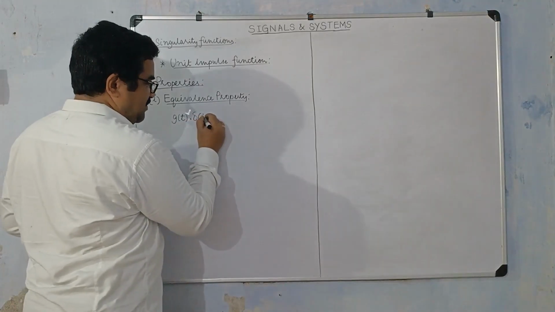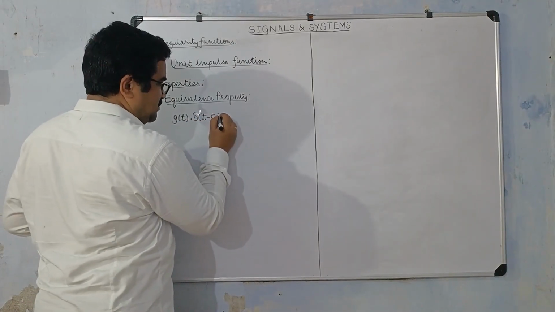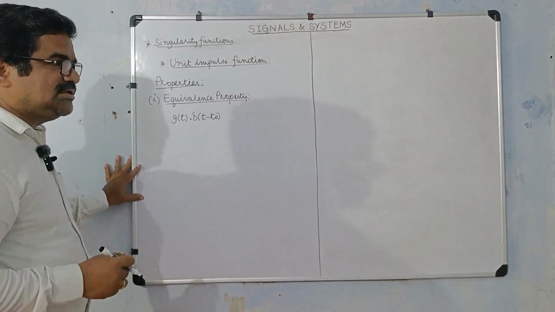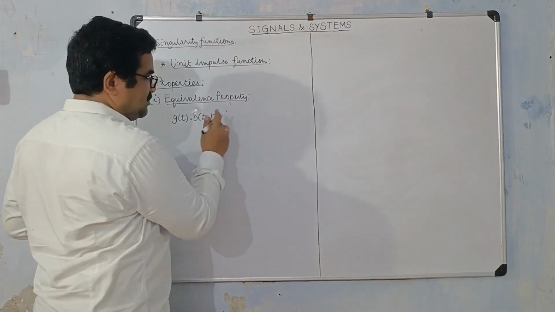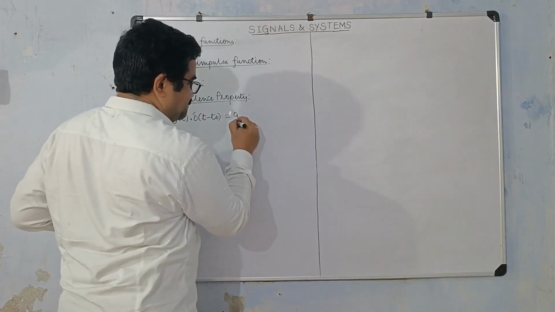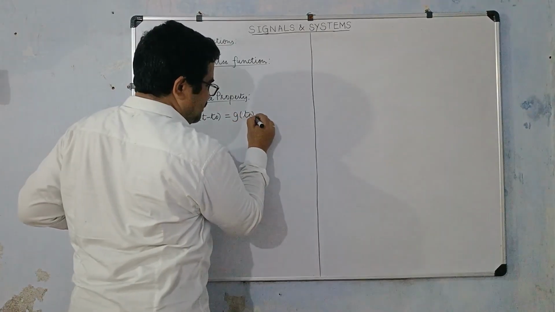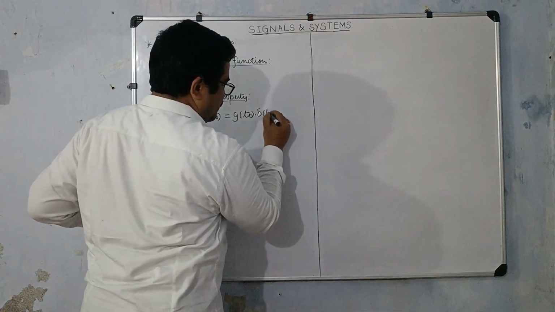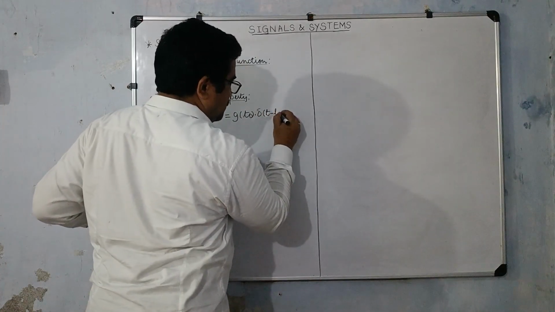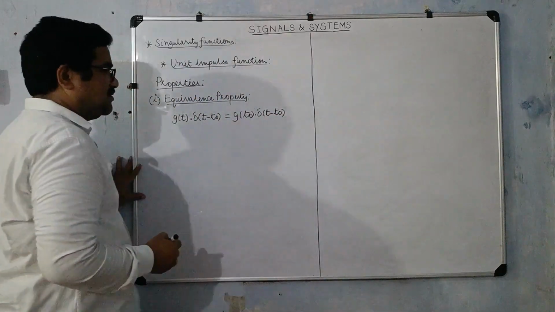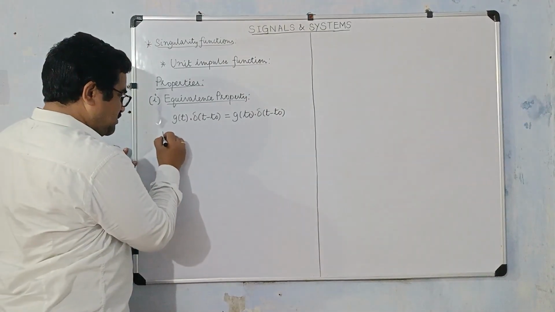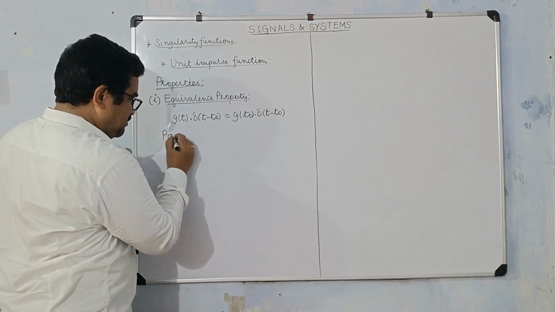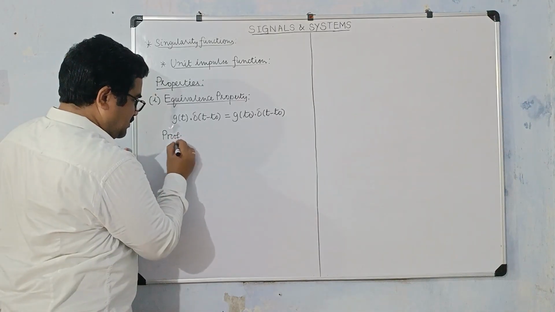When it is multiplied with delta of t minus t naught, which is nothing but delta of t delayed by a time of t naught, it is equal to g of t naught into delta of t minus t naught. That is the equivalence property. So let us see the proof for this property.